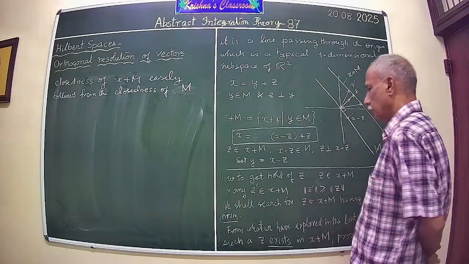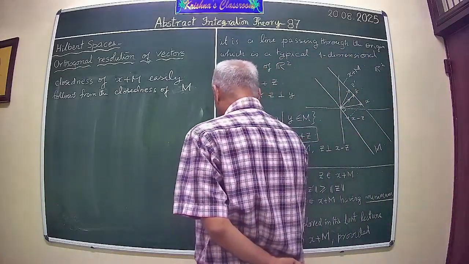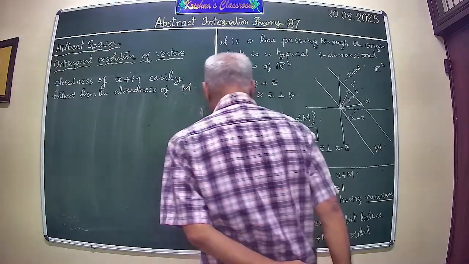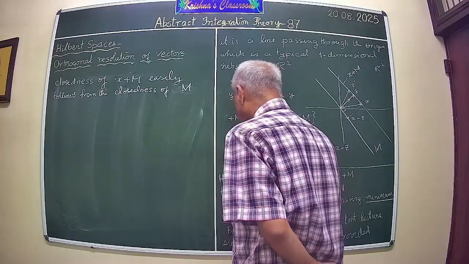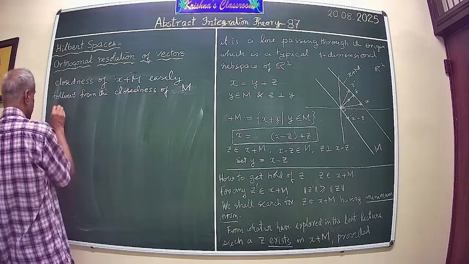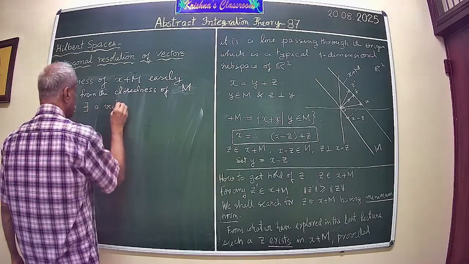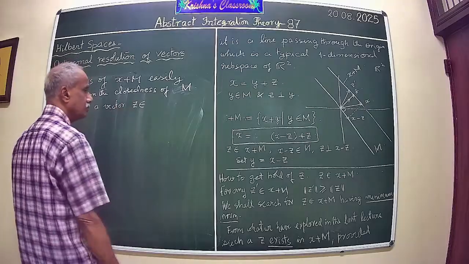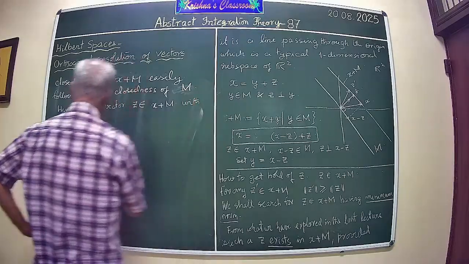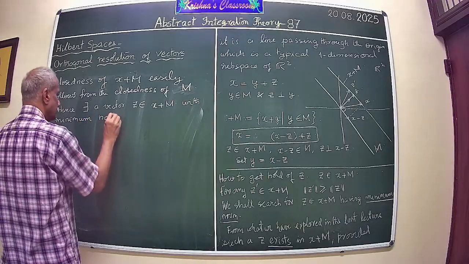Now apply the result that I was invoking earlier, and you would immediately see that there exists a minimum.